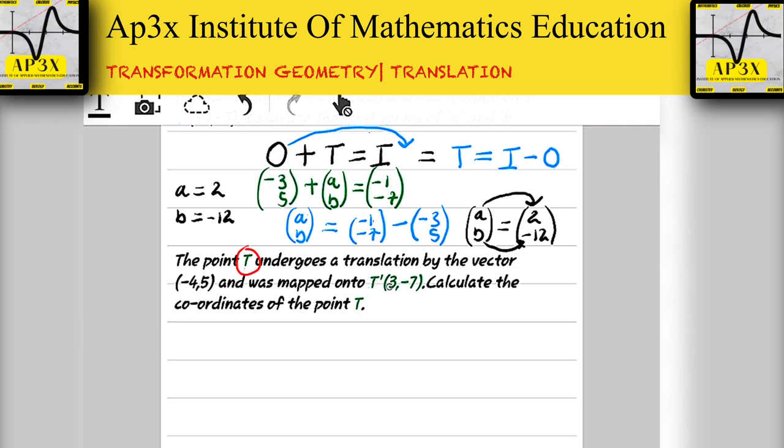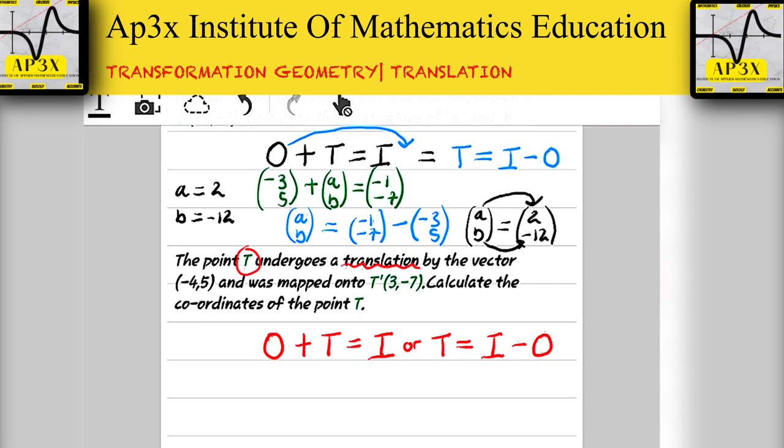With the complement, it represents the image. The key word in this question is that it went through a translation. So we know right away that we're going to use the formula O plus T equals I. Again, if you feel comfortable saying T is equal to I minus O, be my guest. No problem. Both formulas are correct.